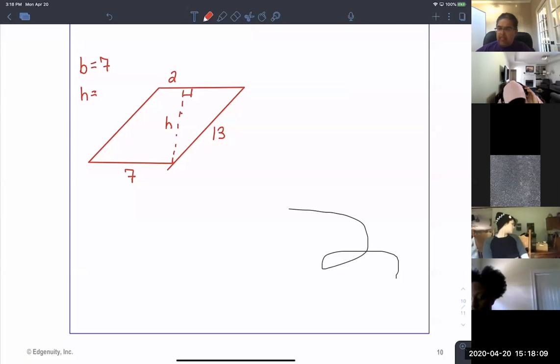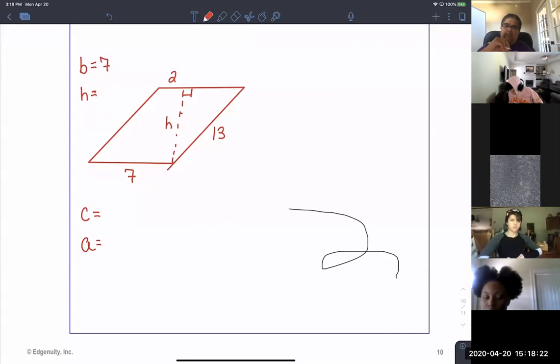So for the Pythagorean theorem, I need to know one of the legs and the hypotenuse. So what's my hypotenuse? What's the hypotenuse of this right triangle? 13. Okay.